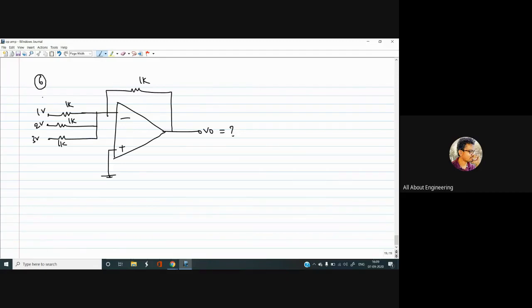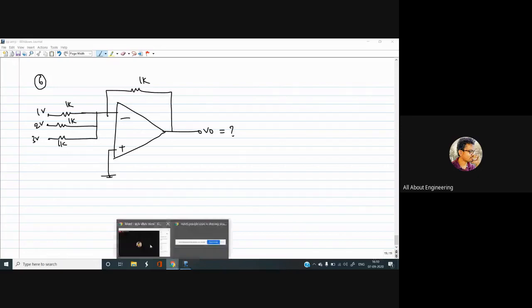This is the sixth question. Now, tell me what is the value of output. -6.